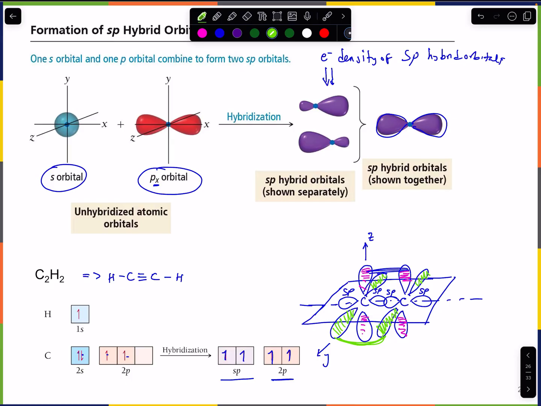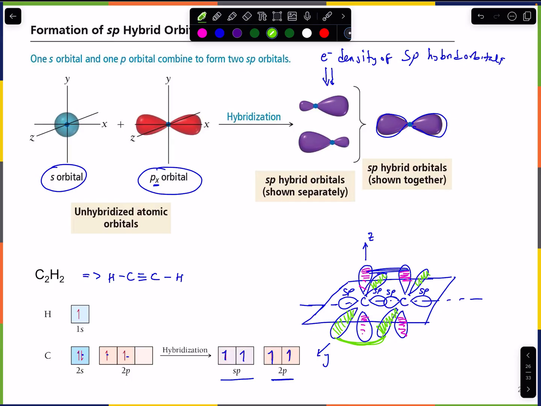You can find better representations of this kind of drawing in the textbook. But it should be clear that in this triple bond between the carbon atoms, what we have is one overlapping of sp orbitals and two overlaps of unhybridized p orbitals.